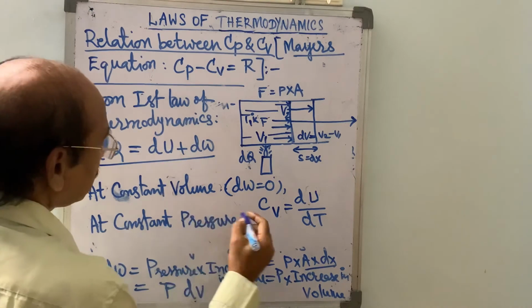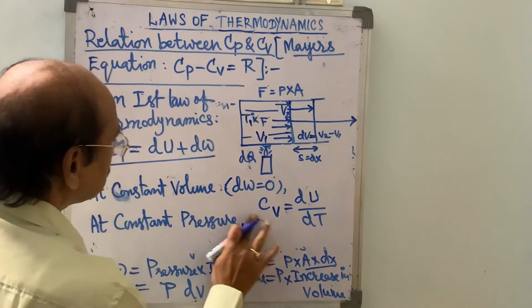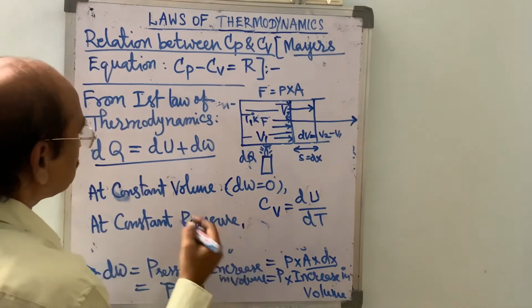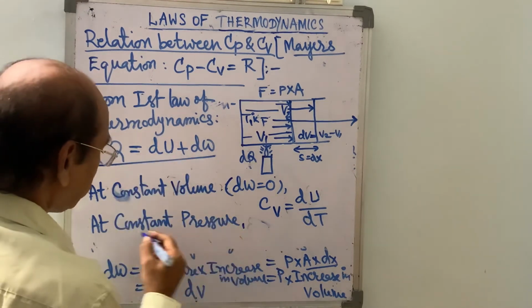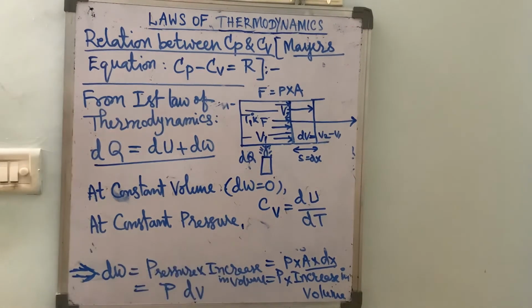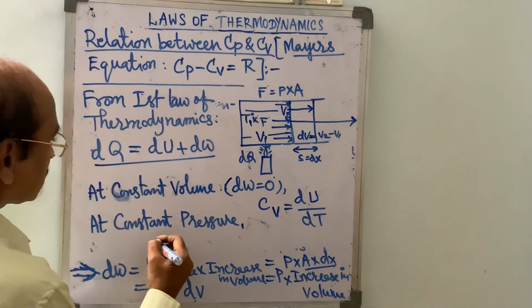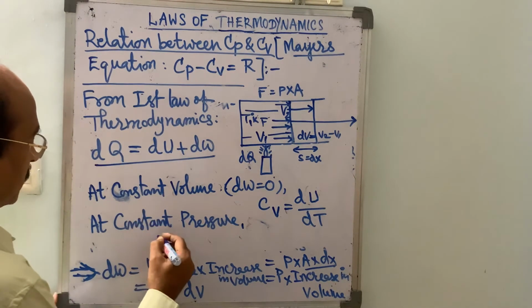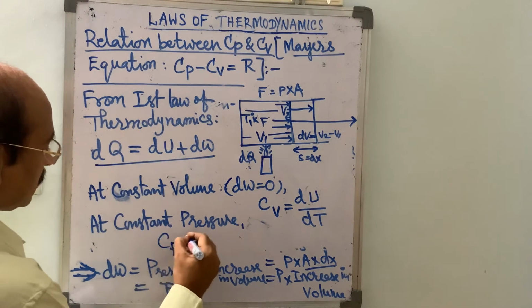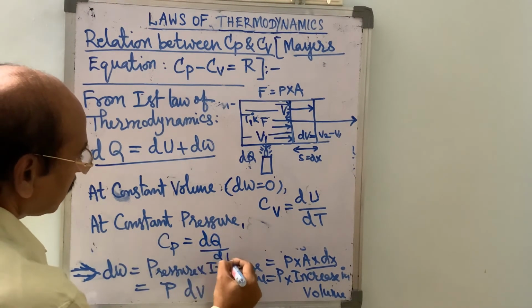So here dQ is more than dU. From the definition, the heat energy supplied to the gas at constant pressure is called Cp, specific heat at constant pressure. Therefore, Cp is equal to dQ by dT.